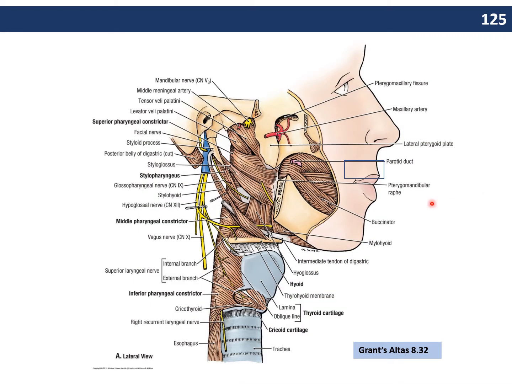Just as I was mentioning a second ago with the anterior attachments to those muscles, you can see here the superior constrictor attaching to this pterygomandibular raphe, or line, this fascial line that exists posterior to the buccinator. Remember, the buccinator is a muscle of facial expression that we saw when we were investigating those on the anterior face.